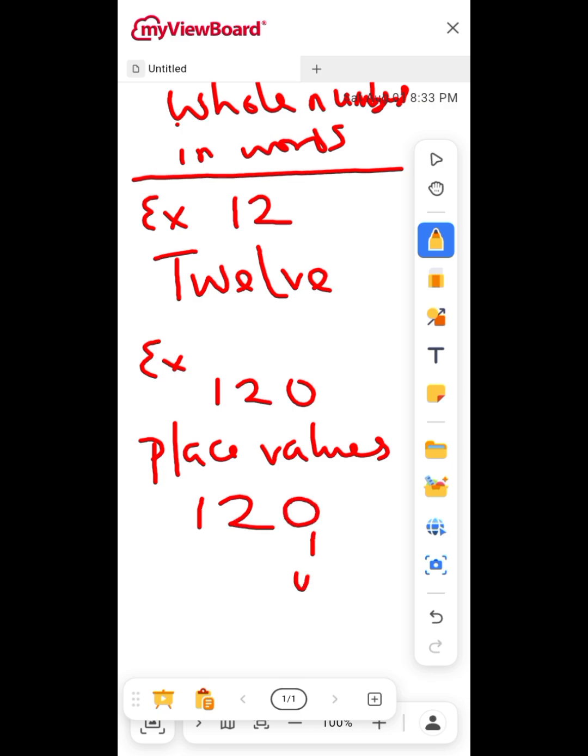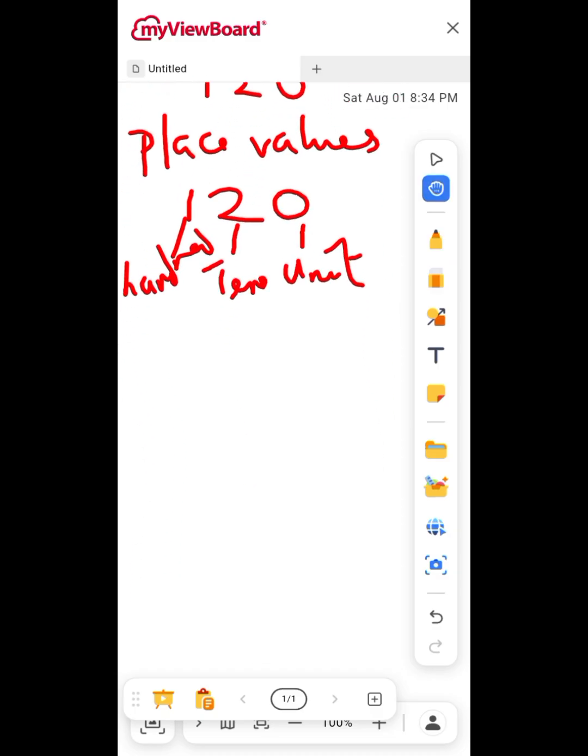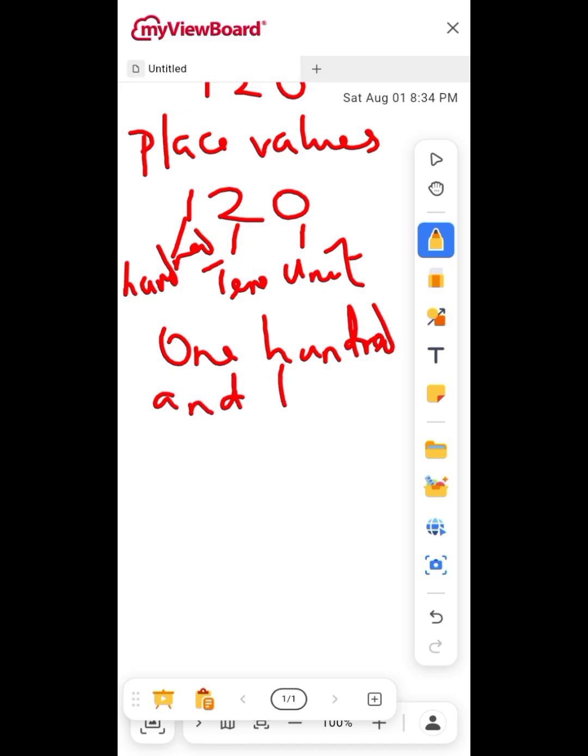Our first place value is units, followed by tens, followed by hundreds. So when you write this in words, this is 120.